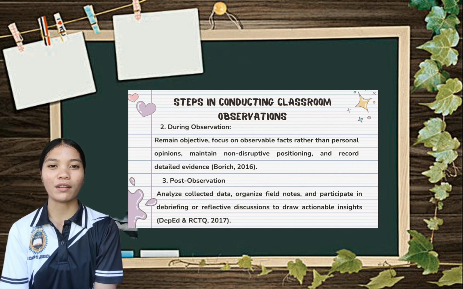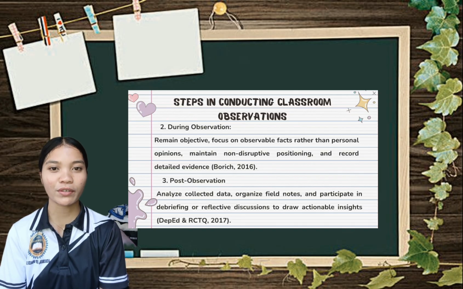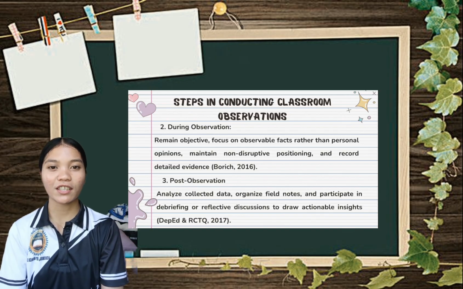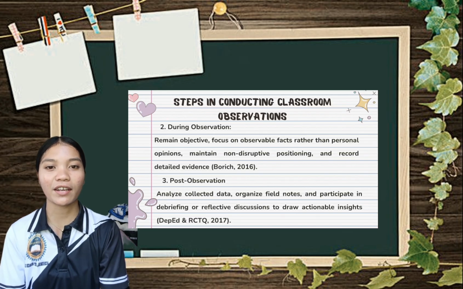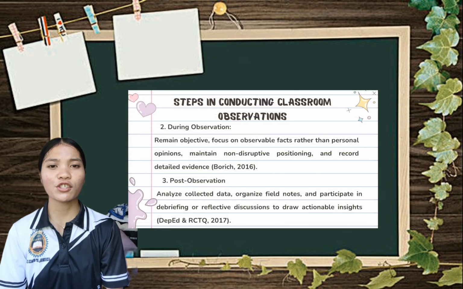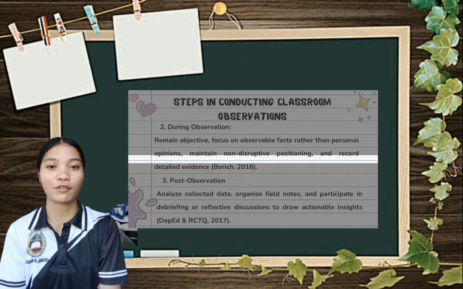For example, they may discover that most of the teacher's questions were directed towards students sitting in the front row. Based on this observation, the teacher may decide to move around the classroom more and provide students in other areas with more opportunities to participate.